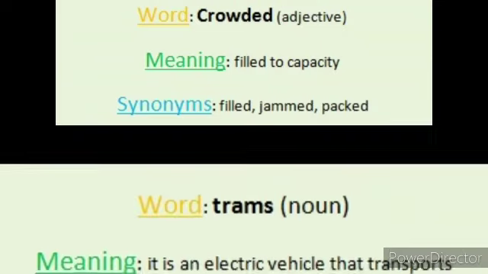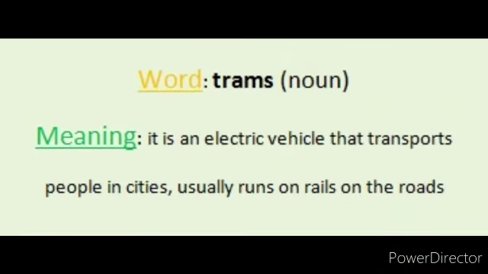The next word, trams. Tram is an electric vehicle that transports people in cities, which usually runs on rails.